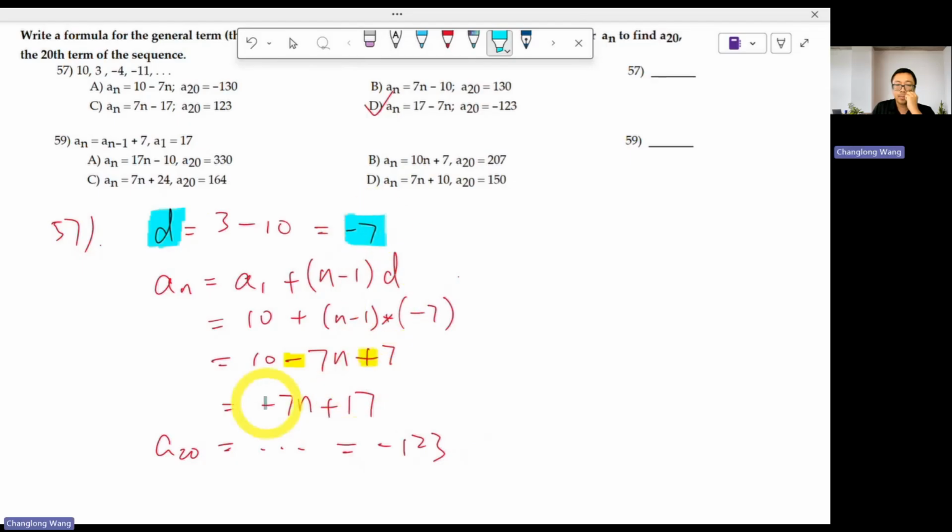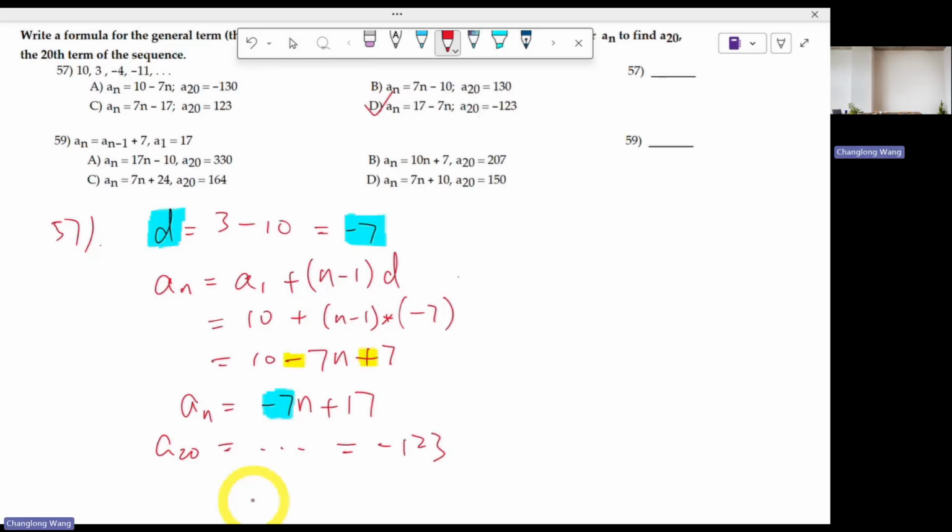And somehow you see the same number, -7, appears in the nth term formula as if it's a slope. You see that if n were some kind of variable x, this is a linear equation: slope times x plus the y-intercept, like slope-intercept form.